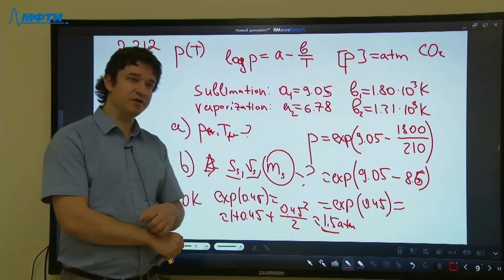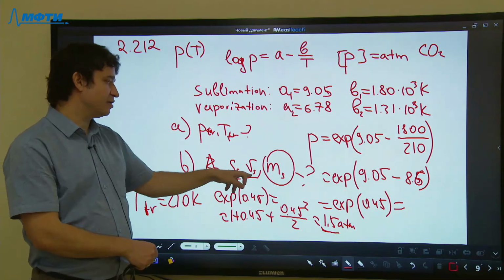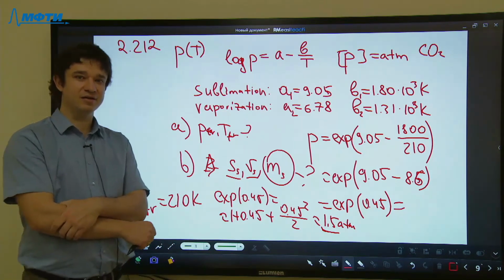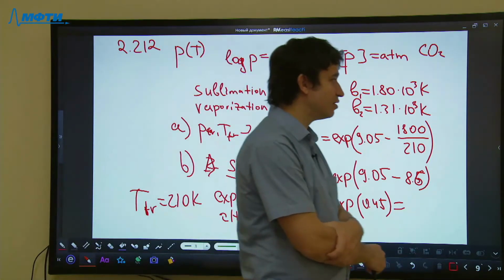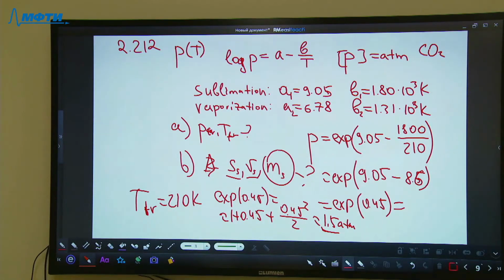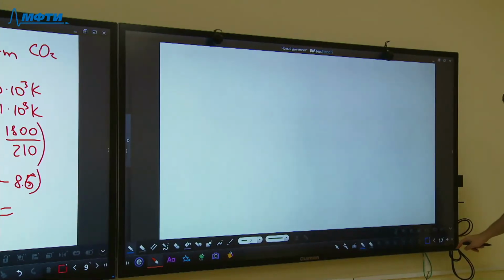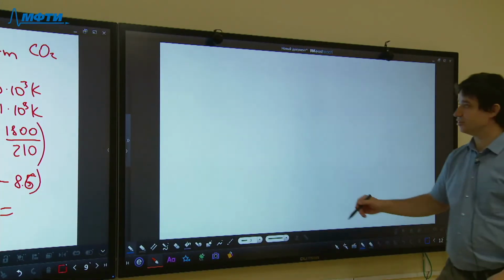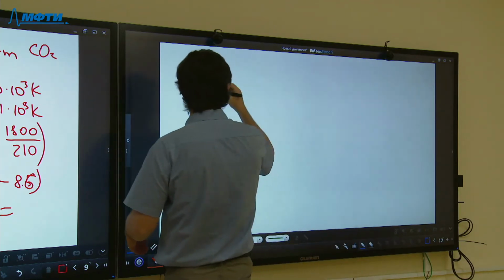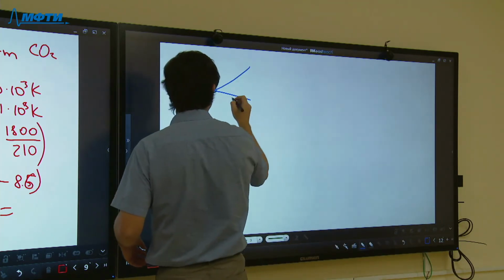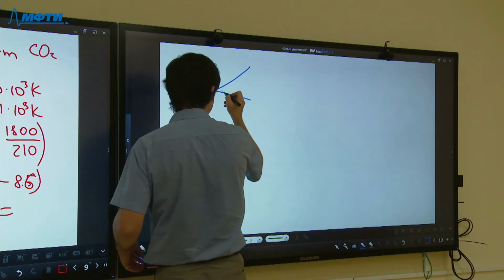So probably there should be some relation between this and that in the triple point. So okay, let's think about it. So let's say we are in the triple point. In the triple point, okay, it goes like this, not like this.